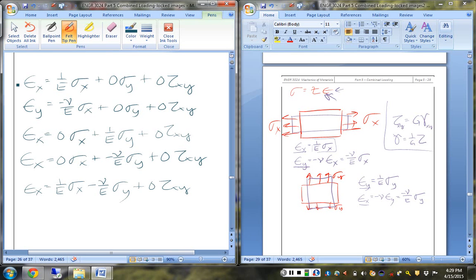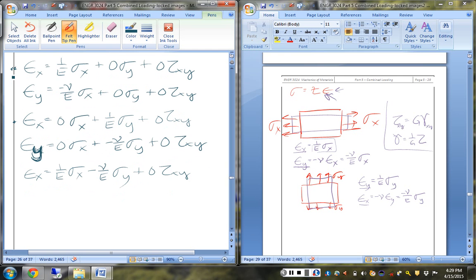So that's just adding the first and the third lines. One of those needs a Y. That one needs a Y. And then if I add the second and fourth, I get minus nu over E sigma X plus 1 over E sigma Y plus no tau XY.